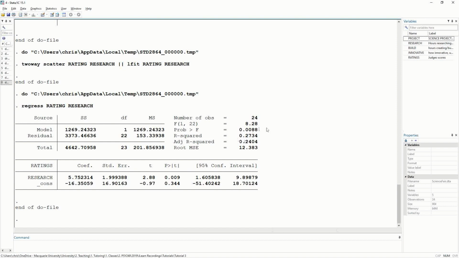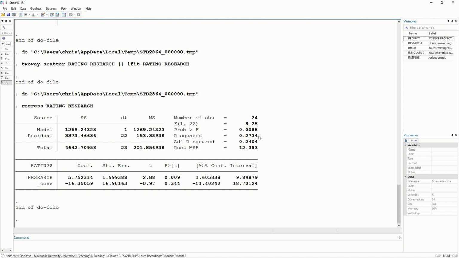R squared is expressed as a score from 0 to 1, 0 meaning 0% of the variance or 0% of the reasons, 1 meaning 100% of the variance or 100% of the reasons. In this case, our R squared is 0.2734. So what this tells me is that 27.34% of the variation, or the reasons, why a project got the score it did is due to how long the student spent researching for the project.